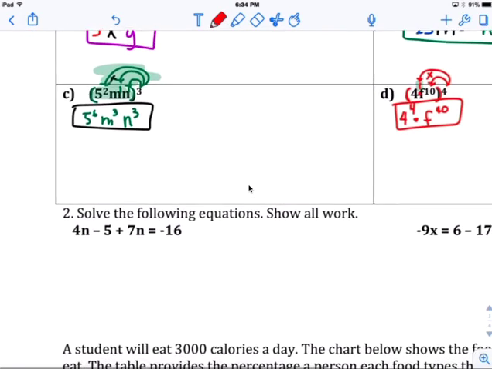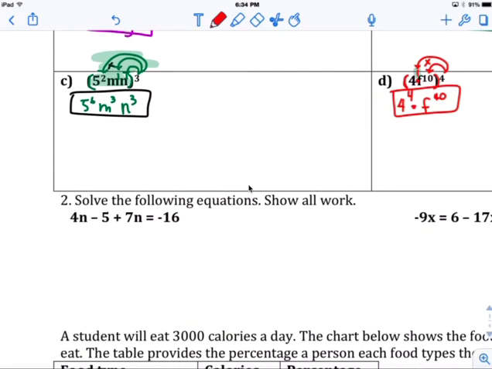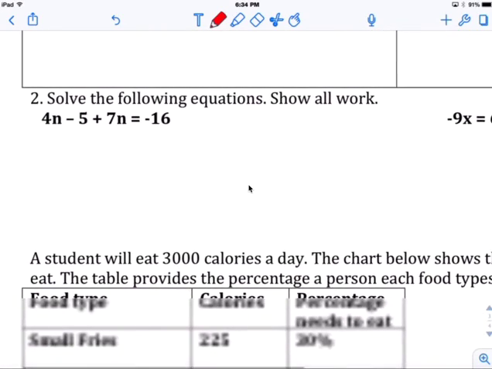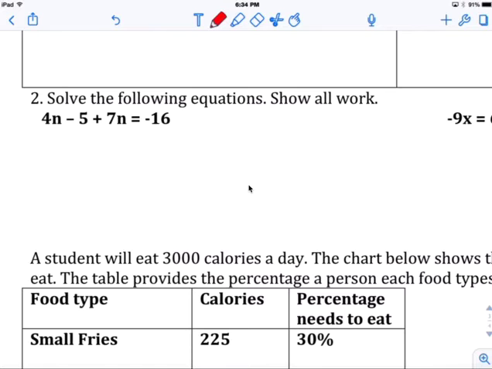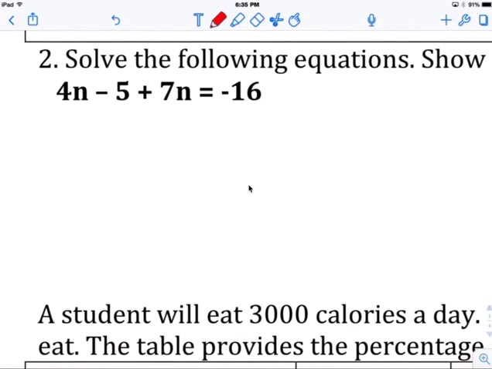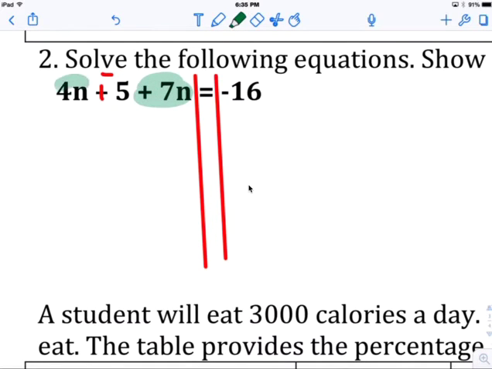Okay, solve the following equation. This is review. You guys know how to do this. With additive inverse, add the ones that are alike first on the same side.